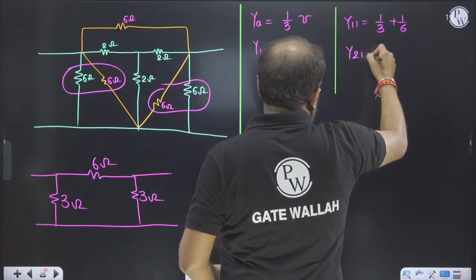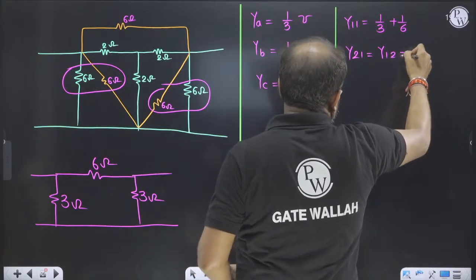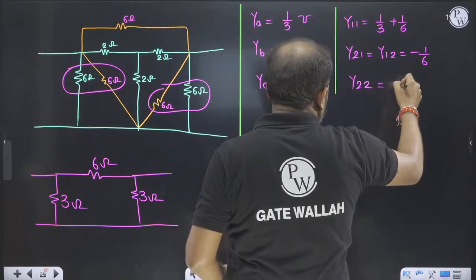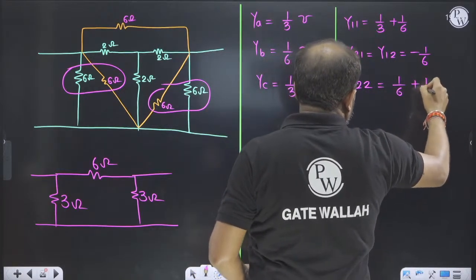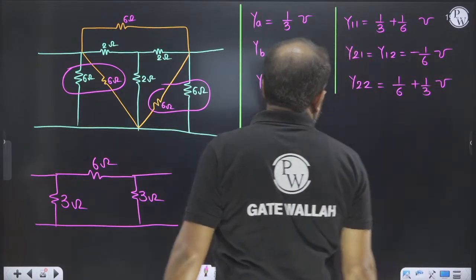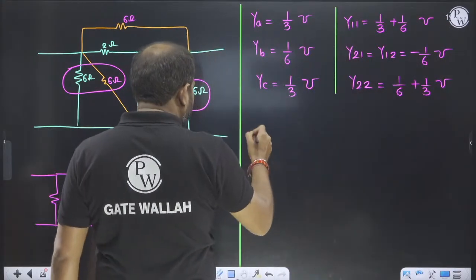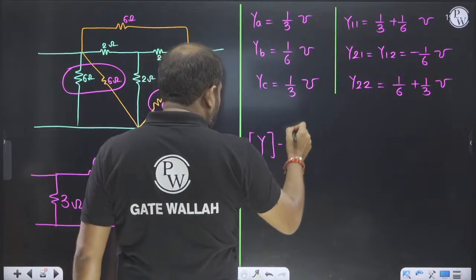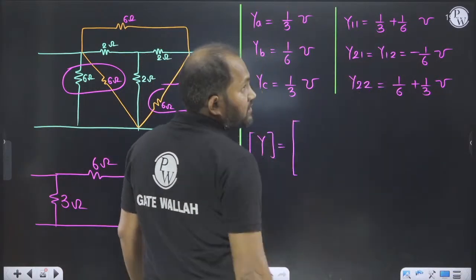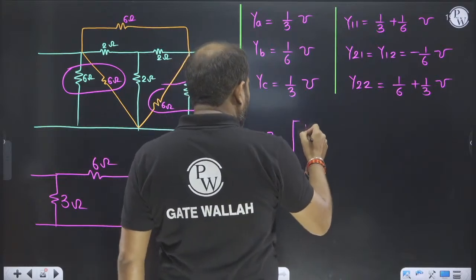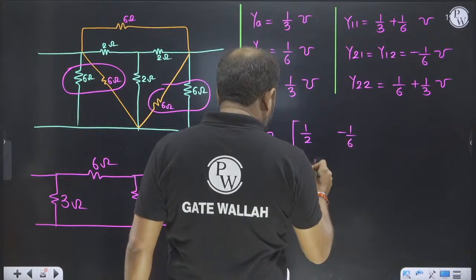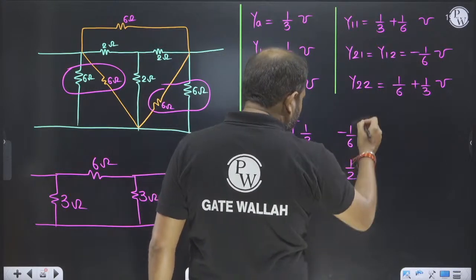Y21 and Y12 are equal to minus YB, so minus 1/6, and Y22 is equal to YB plus YC. So we have the Y parameters: 1/3 plus 1/6 is 3/6, which is 1/2, and minus 1/6, minus 1/6 and 1/2.